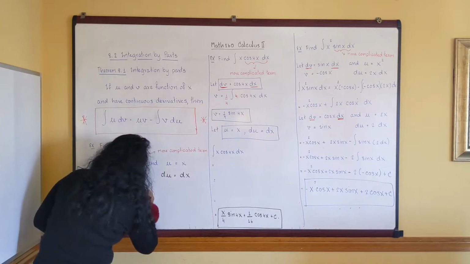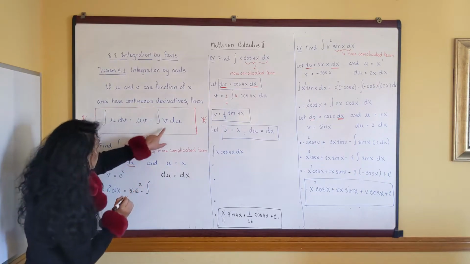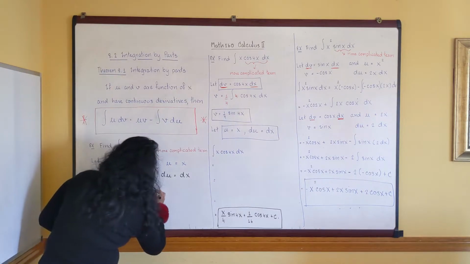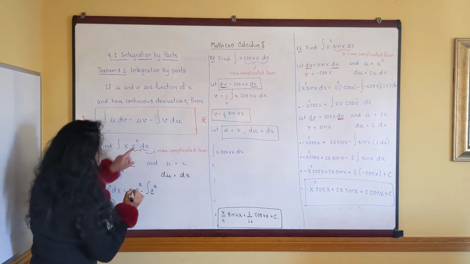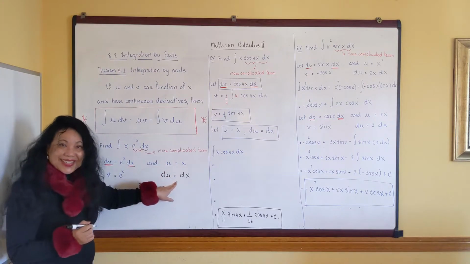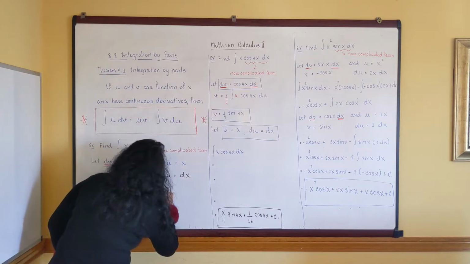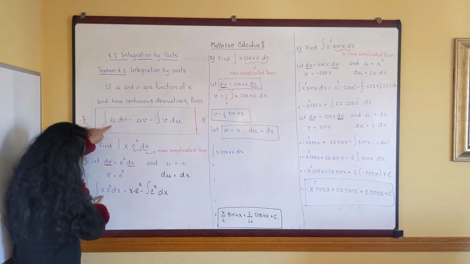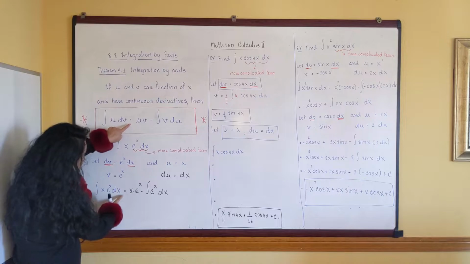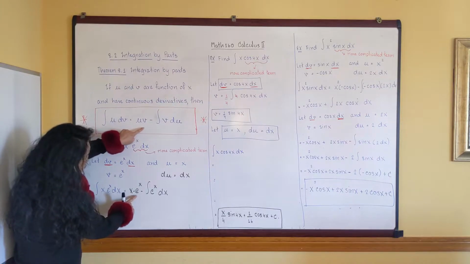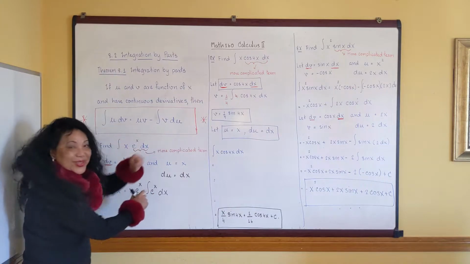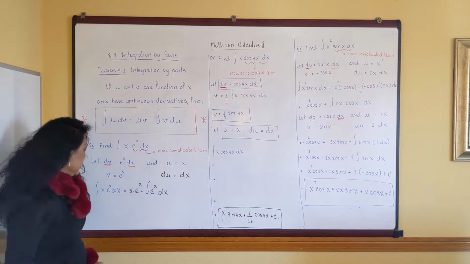Minus the integral of v, so our v is e to the x, then du. My du is dx. So the integral of u dv equals u times v minus the integral of v du. It fits the formula perfectly.